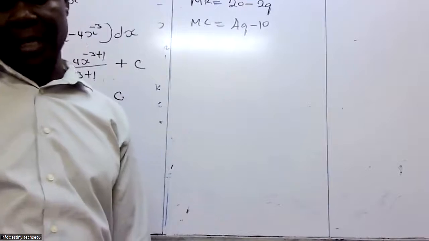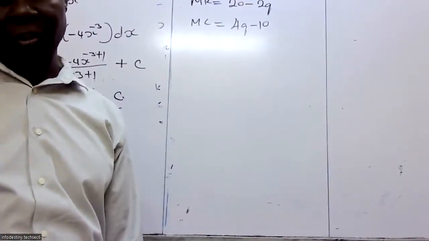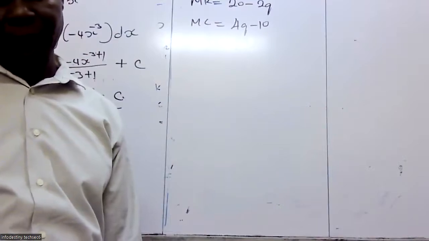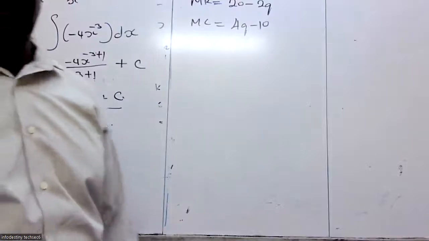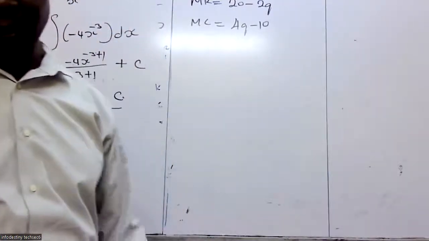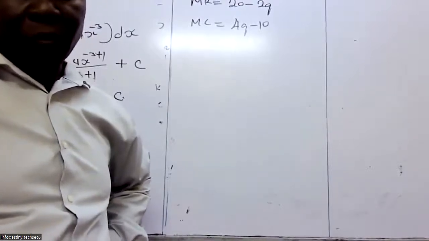Its fixed costs are 30 shillings. Q is the quantity of output produced and sold.